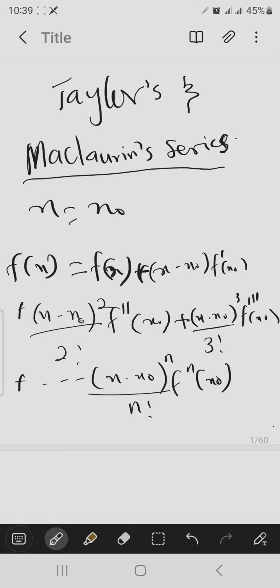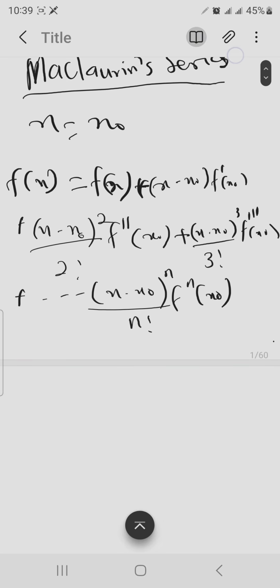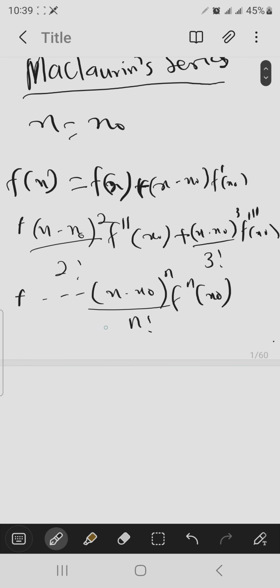So this formula that I have written is basically the Taylor series.